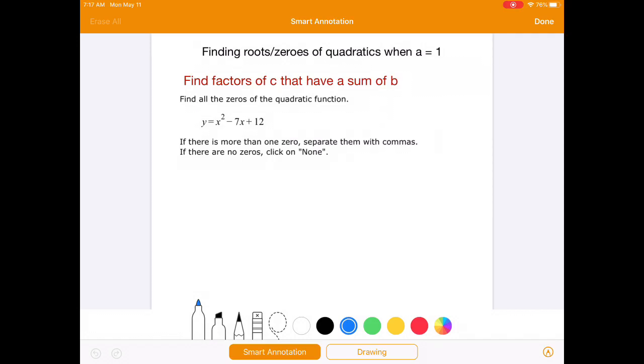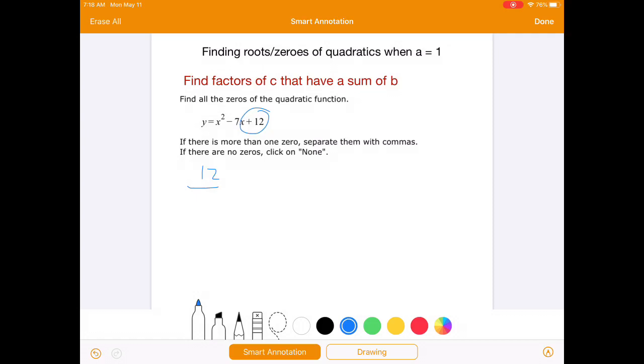But this time we have to realize that our product is 12, but when we add these up, we need to get a negative number. And the only way for this to happen is if both factors are negative here. Because since the product is positive, the only way for that to happen is for two positives or two negatives.